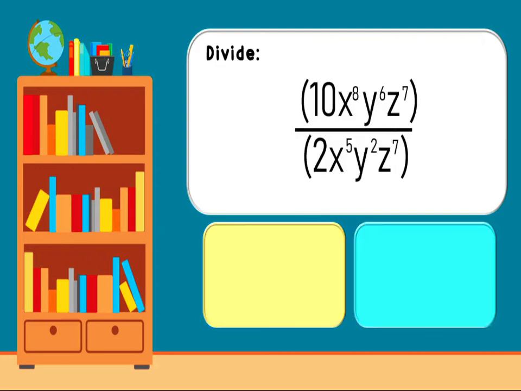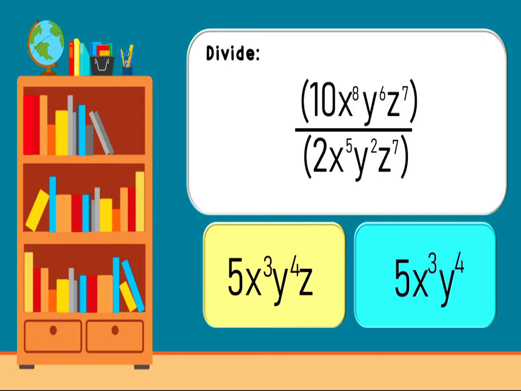Next, divide 10x raised to the 8th power, y raised to the 6th power, z raised to the 7th power, over 2x raised to the 5th power, y raised to the 2nd power, z raised to the 7th power. For daffodil, it's 5x raised to the 3rd power, y raised to the 4th power, z.